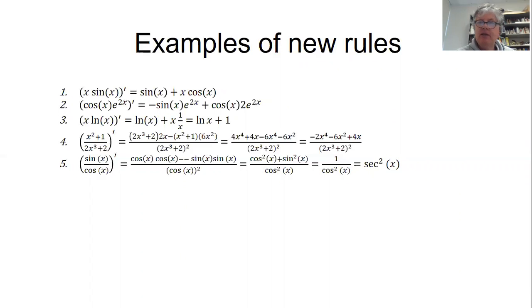Okay. And finally, let's prove that the derivative of tan is secant squared. Okay, so tan is sine divided by cosine, so that's a quotient. So we take the derivative of that, we do low d high, which is cosine times cosine, minus high d low.